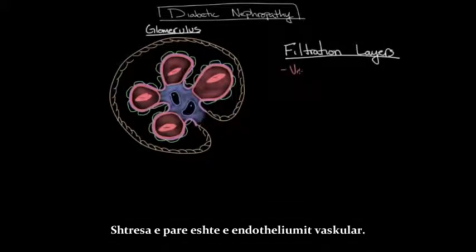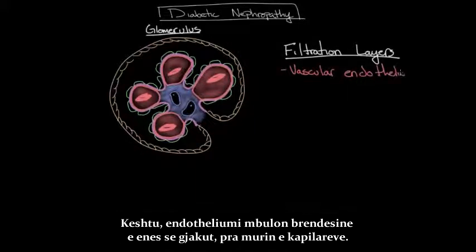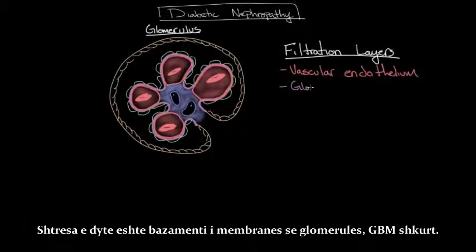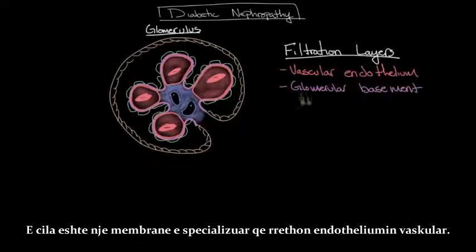The first layer is that of the vascular endothelium, so the endothelial cells cover the inside of the blood vessel, so the capillary wall there. And then the second layer is the glomerular basement membrane, or GBM for short, which is a specialized basement membrane that surrounds the vascular endothelium.